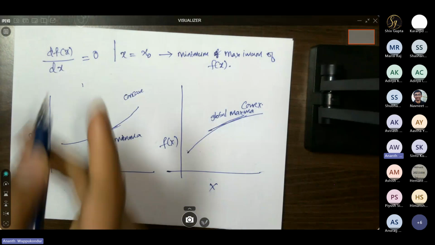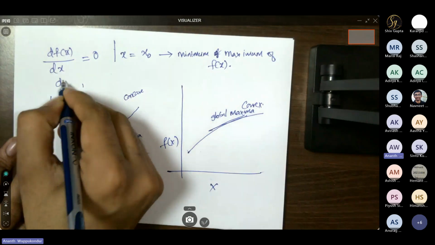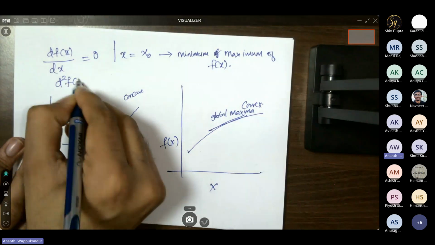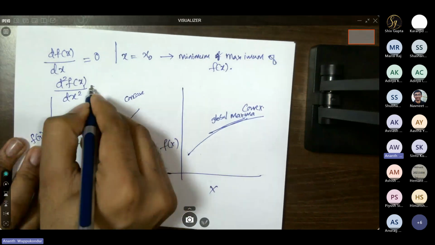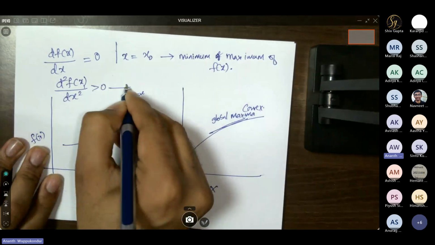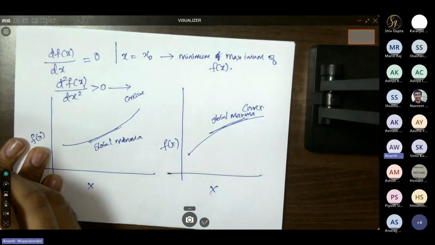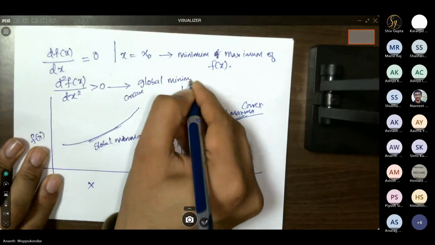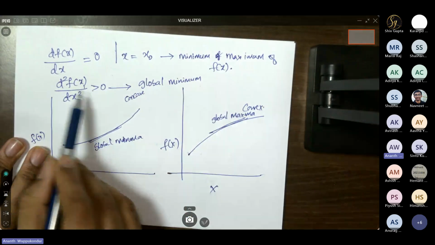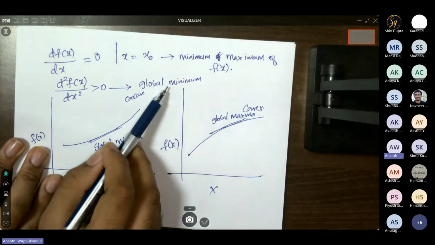And if you do a differential again, which is d square f of x by dx square, and if you get this to be more than 0, then what you have is a minimum. So if your second differential is more than 0, then you would get a minimum.